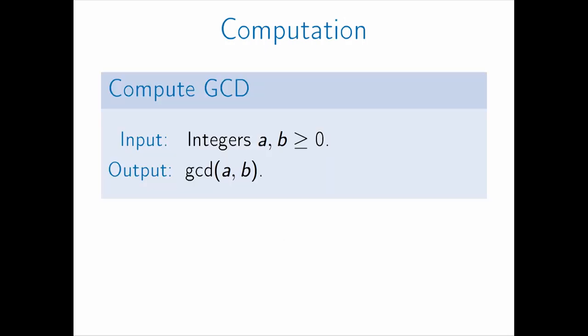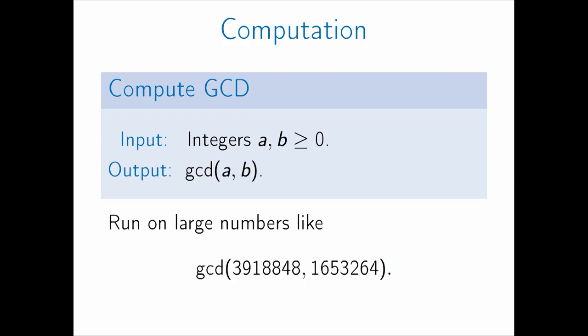So, because of this importance, we're going to want to be able to compute GCDs. So we'd like an algorithm that, given two integers, a and b, say at least 0, we can compute the GCD of a and b. And just to be clear what kinds of inputs we care about, we'd like to be able to run this on very large numbers. We don't just want something that works for the GCD of 5 and 12 or 11 and 73.